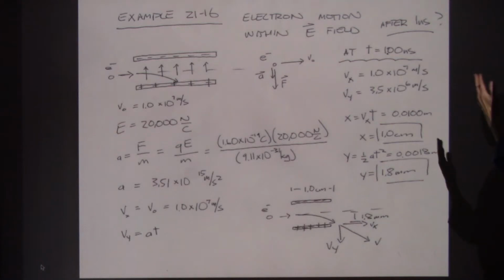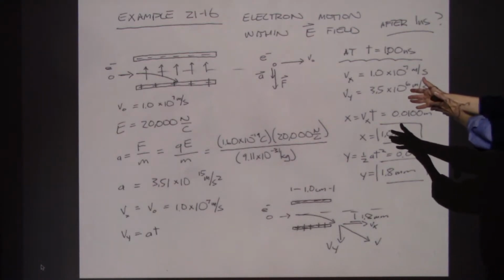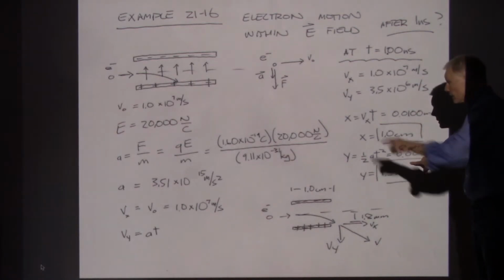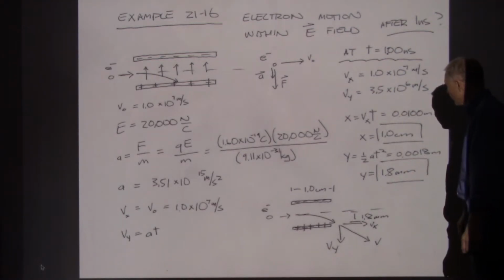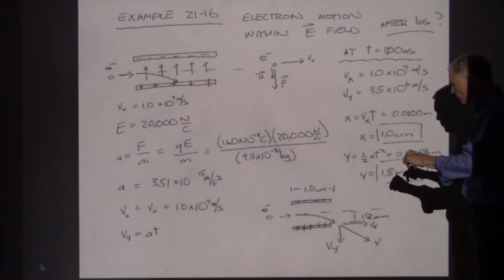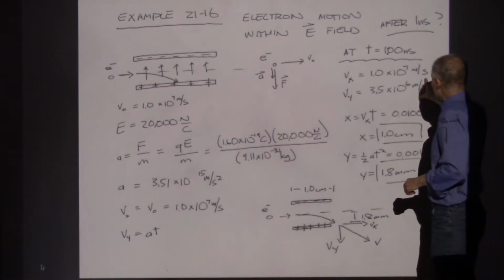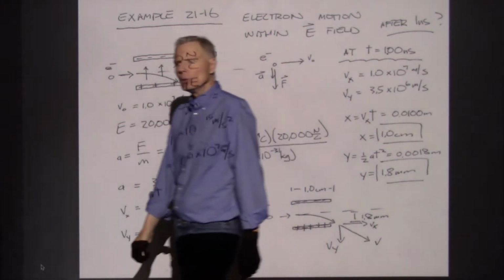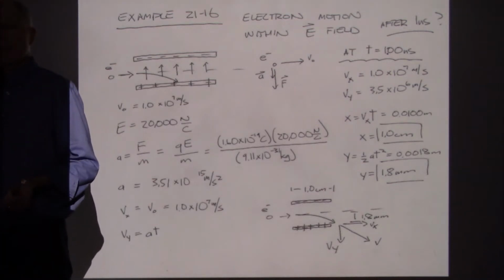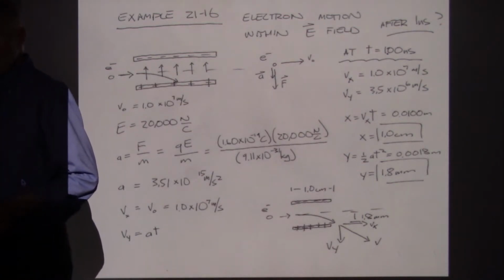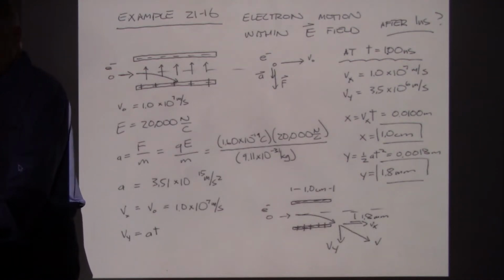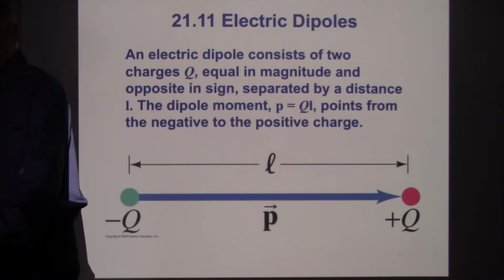So it's traveled 10 millimeters forward, and it's following that curved path, and it will have traveled 1.8 millimeters off of that center line, and these are the components of velocity it will have. So all of this kinematics looks the very same as what we did in chapter 3, except that now the force is the electric force instead of gravity.